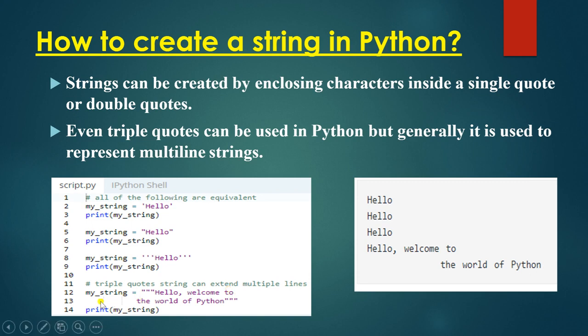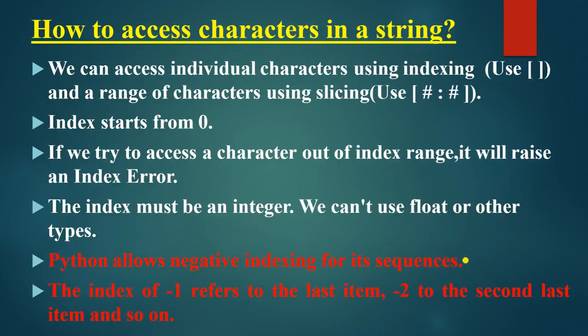So if you write the line "hello, welcome to the world of Python" in triple quotes, then the result will be given exactly the same as you have written. So this way you can create a string in Python by single quote, double quote or triple quote.